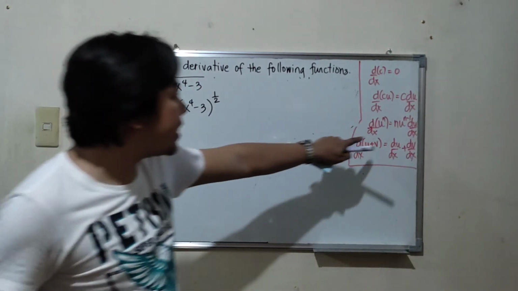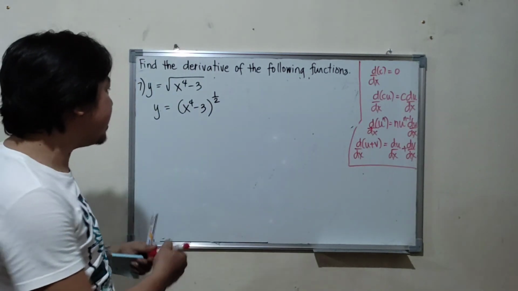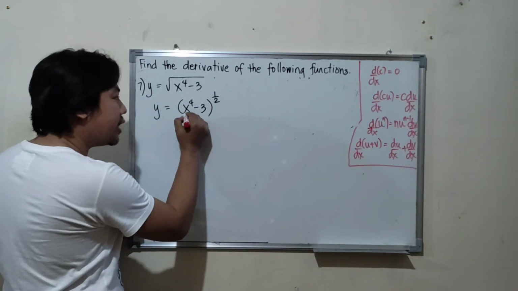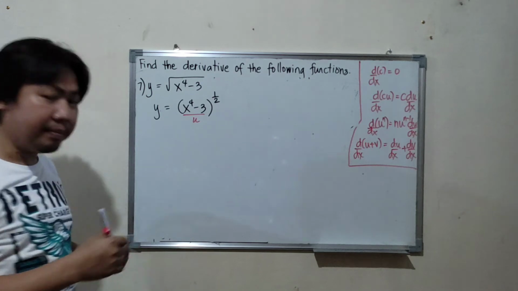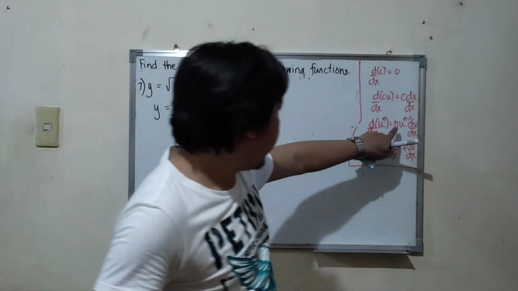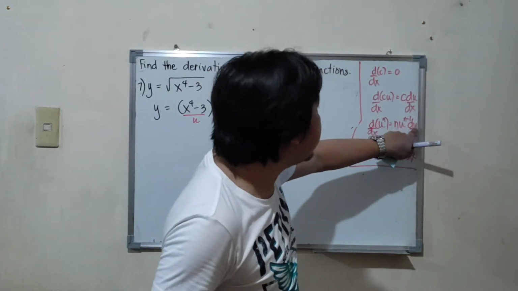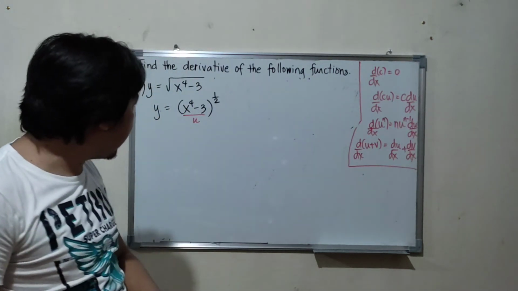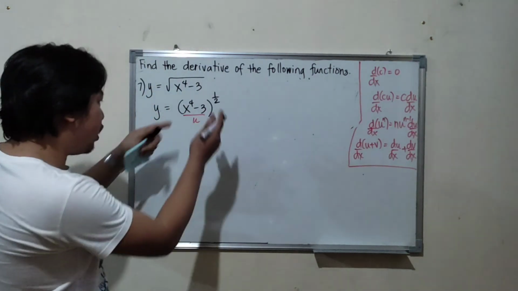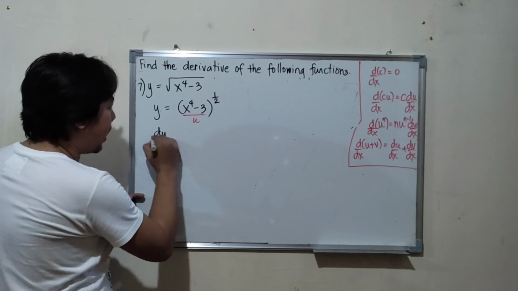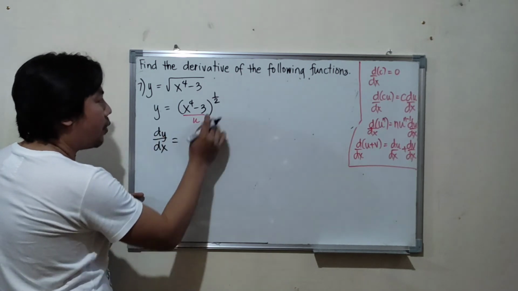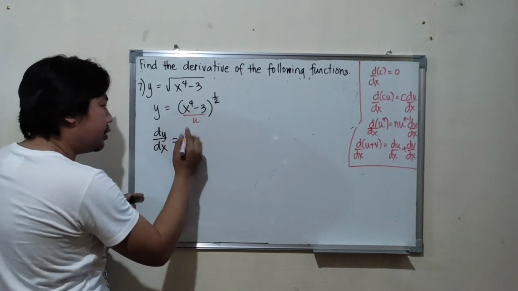Then, kagaya nito, nung kanina example, number 6, ang pinaka-u natin dito is itong buong term na to. Yan ang ating magiging u. So, n times u to the n minus 1 times derivative ng u, ito yung u natin, x to the fourth minus 3.